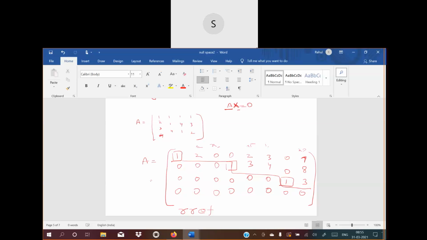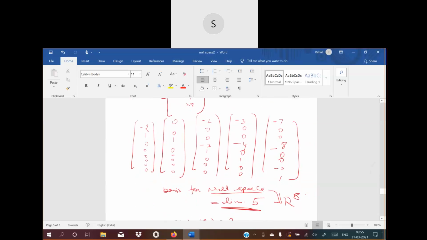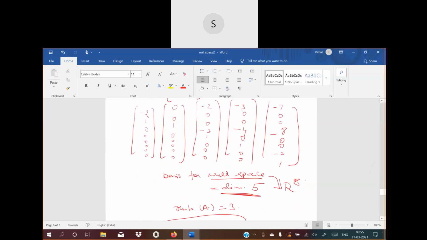You write the 3 pivot variables, x1, x4 and x7, in terms of x2, x3, x5 and so on, and you will see that you get the solution. Right, so that's it. You can find it this way.